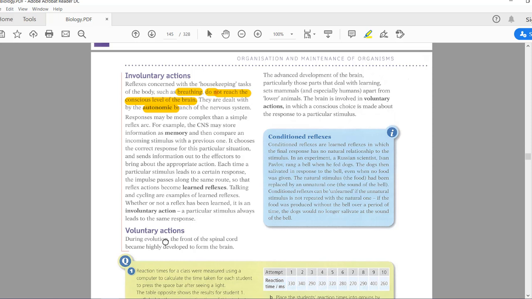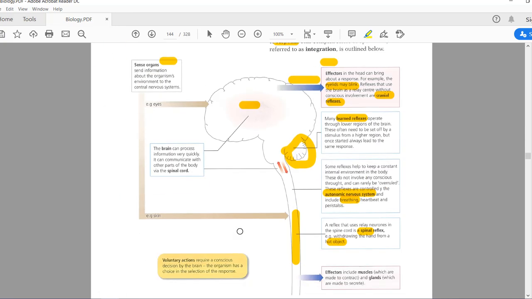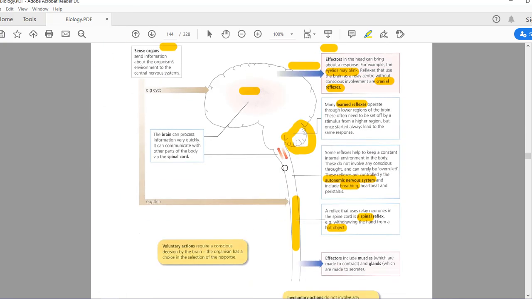Some information about voluntary actions. During evolution, the front of the spinal cord became highly developed to form the brain. It means, for example, during the evolution, at the beginning there was no brain, but it was just the front of the spinal cord.